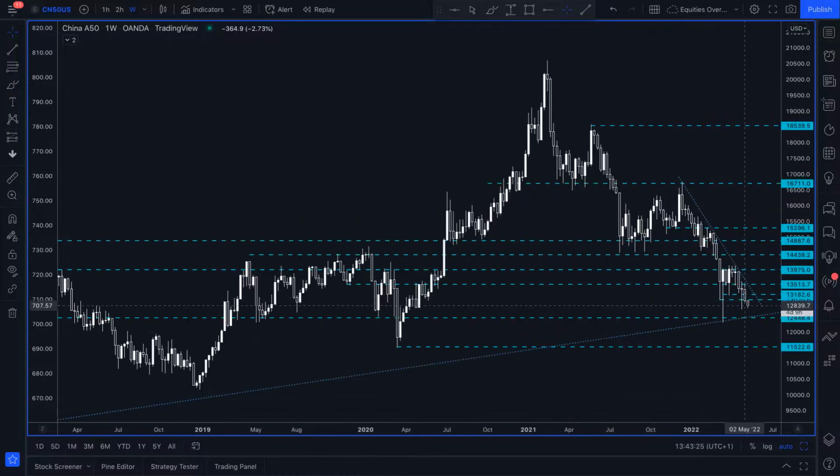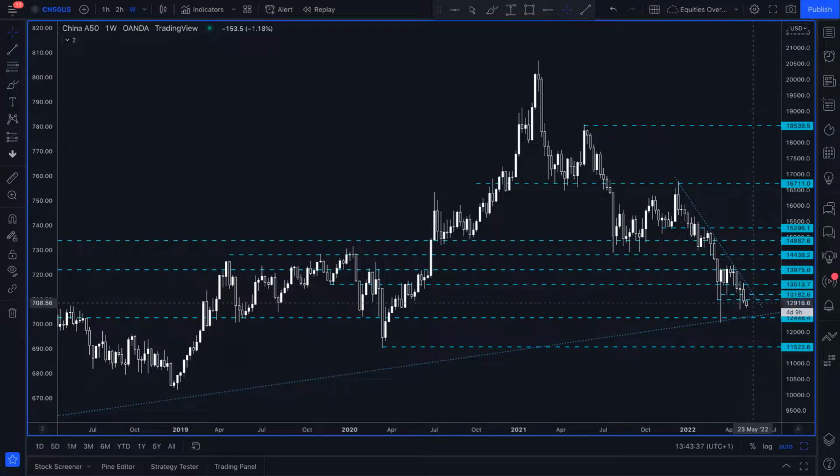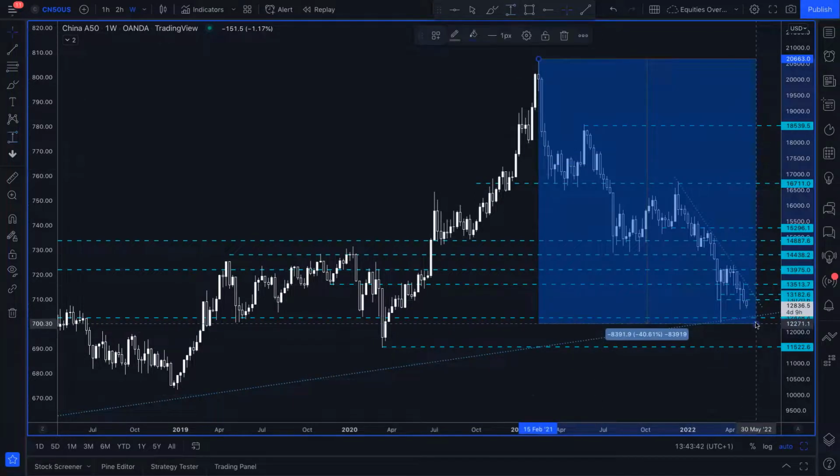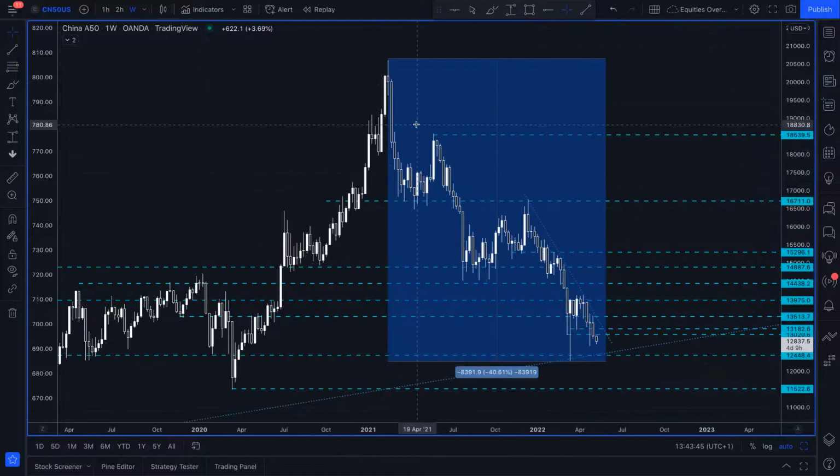But the sentiment is negative at the moment because of rising COVID cases and slowing growth. There's also concerns that growth is going to be slowing globally. That will weigh on China's stocks. I personally like this instrument, and I bought Chinese stocks for an expected hold for the next 12, 18 months.